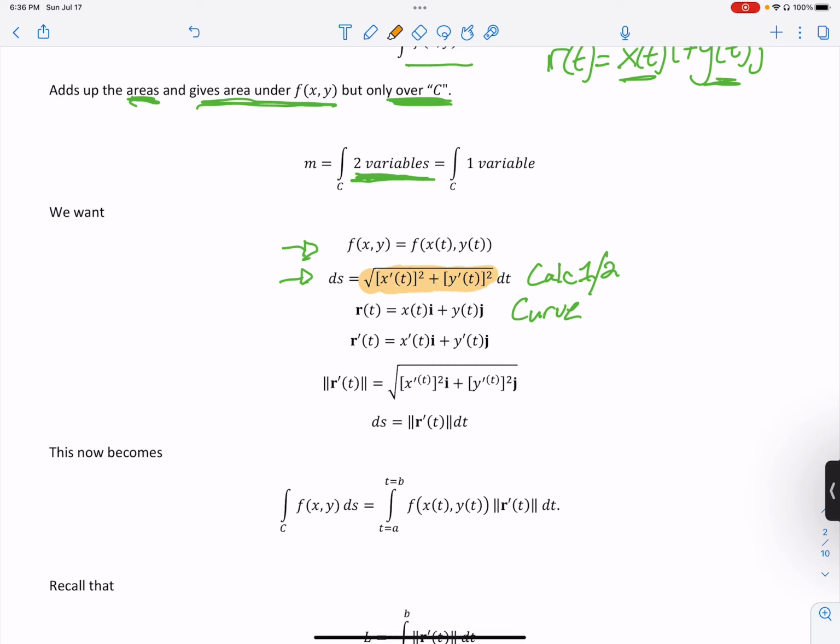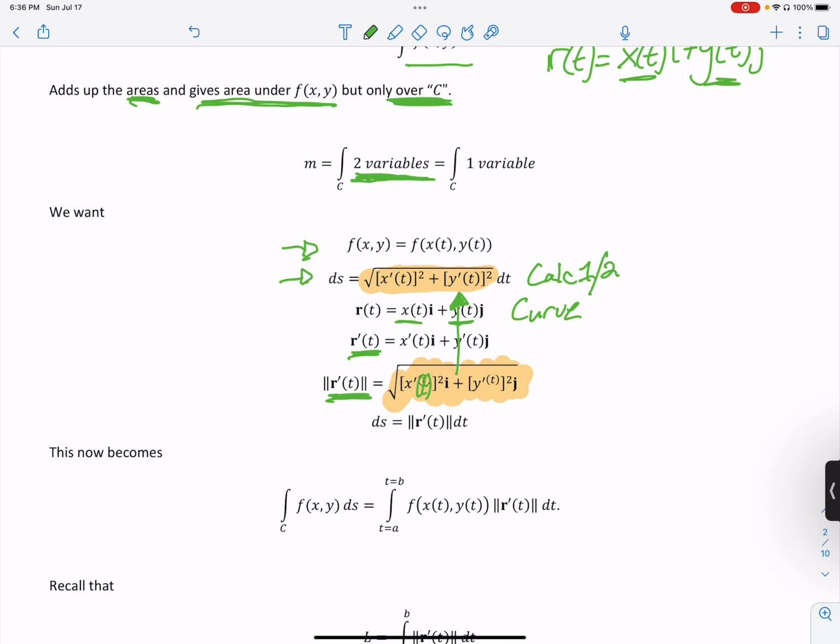If I define a function x of t and y of t, and I take its derivative, and then I take its magnitude, what's right here? This whole thing? Those t's are typos, so forgive me. That is the same thing as that. So that's supposed to just be a normal t in here, along with the y one as well.